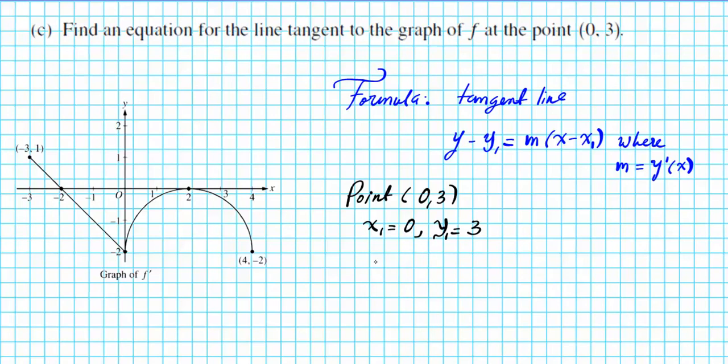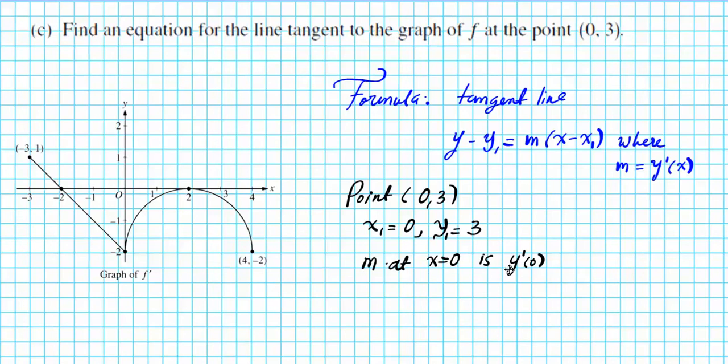So we have x1, y1. Now the slope m at x equals 0 is y prime of 0. Okay? So that's what m is. We're picking x equals 0 because that's the point of tangency that we're looking for.